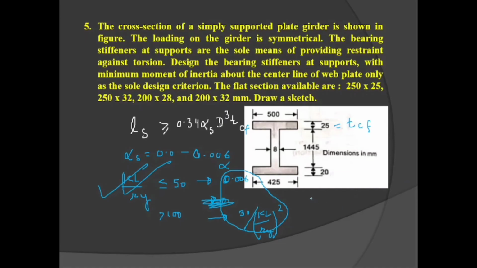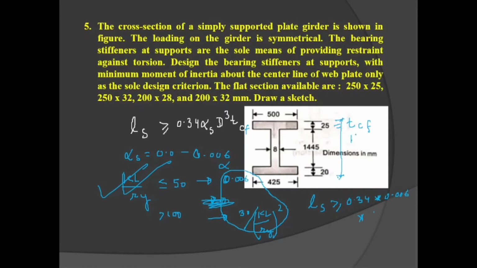LS is more than or equal to 0.34 into alpha, 0.006, into D cube, with overall D equal to 1445 plus 25 plus 20, that is 1490 mm.